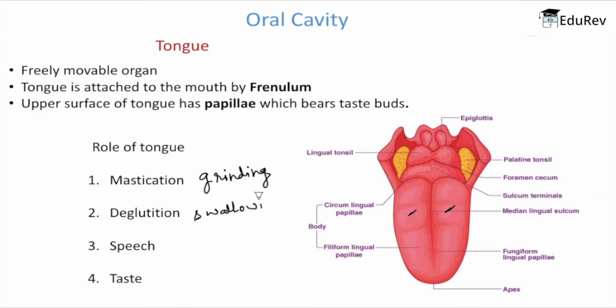It helps in swallowing the food present in our mouth. The next function is speech. Our tongue helps in speaking. And also the taste, because of the presence of papillae on the upper surface of the tongue.